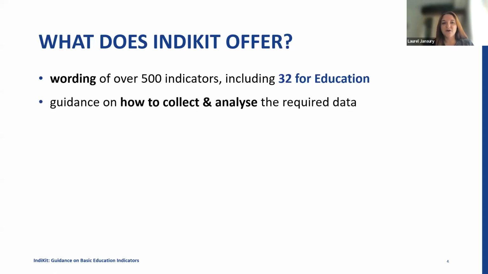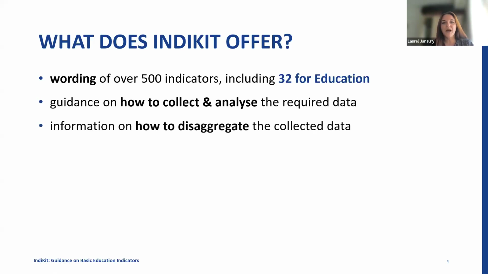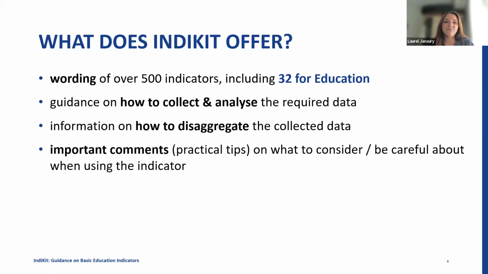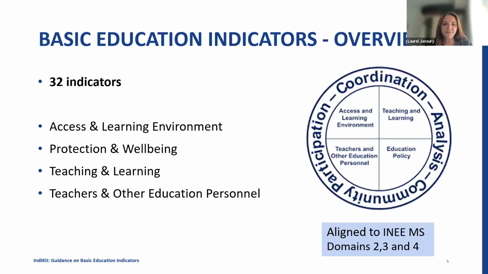It offers guidance on how to collect and analyze the data, how to disaggregate the data you've collected, and it gives important comments, some practical tips on things to consider or be careful about when collecting data for the indicators, and links to additional guidance that can help you understand the indicators better. I'll hand over to Claire to explain what we've done with the basic education indicators.